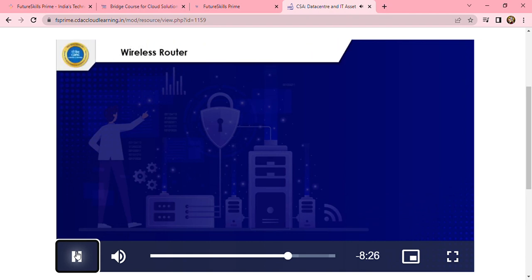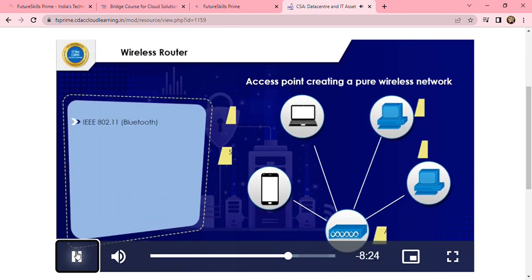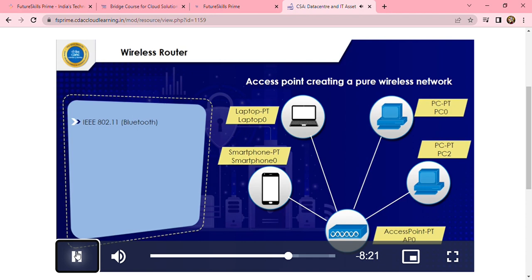Wireless router. IEEE 802.11 is part of the IEEE 802 set of Local Area Network (LAN) technical standards, and specifies the set of Media Access Control (MAC) and Physical Layer (PHY) protocols for implementing wireless local area network (WLAN) computer communication.